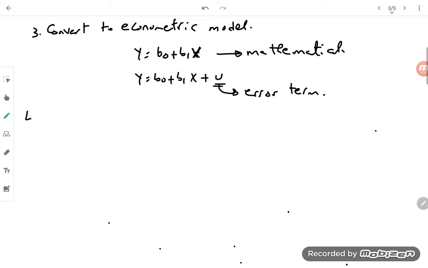Step number 4 is to collect actual data. This means that we are going to collect data for the two main variables.